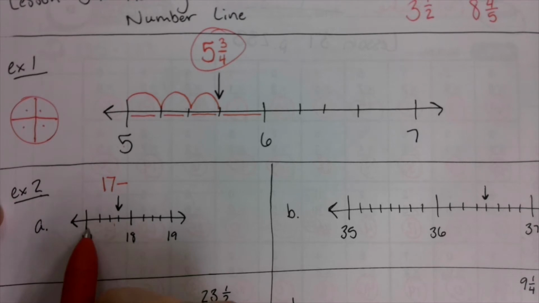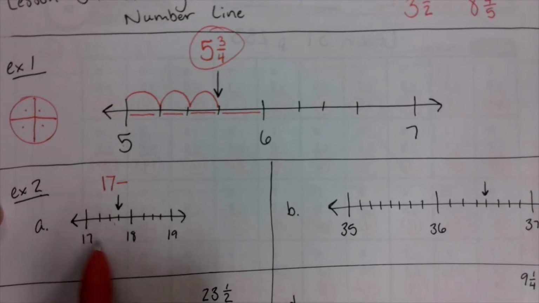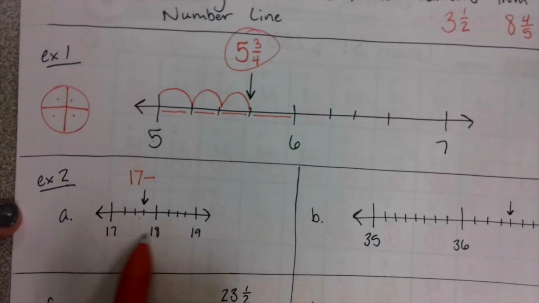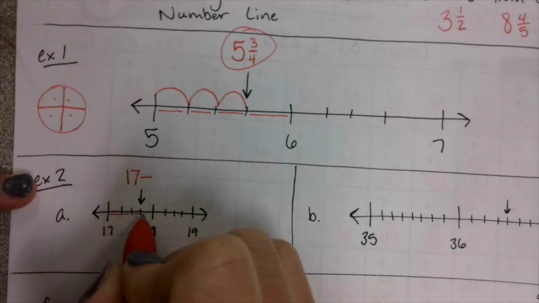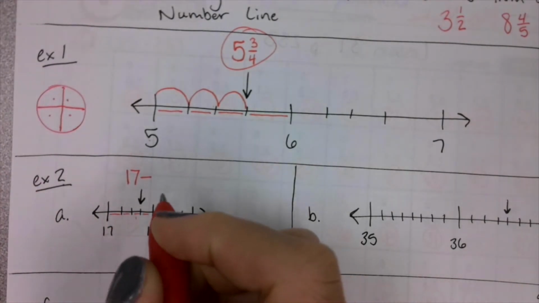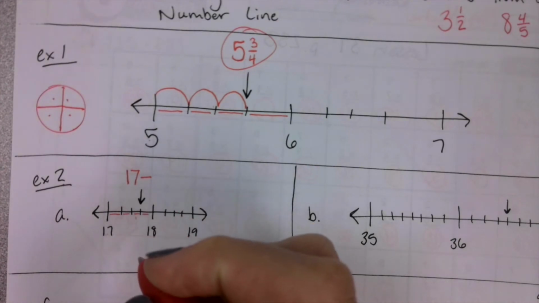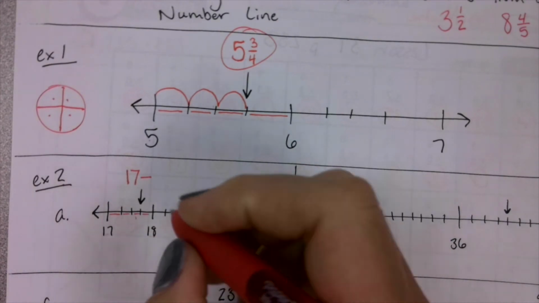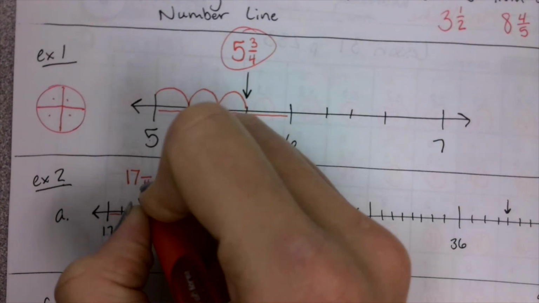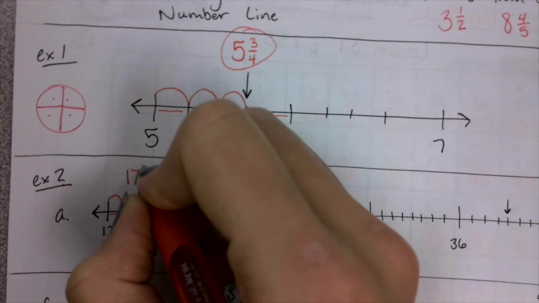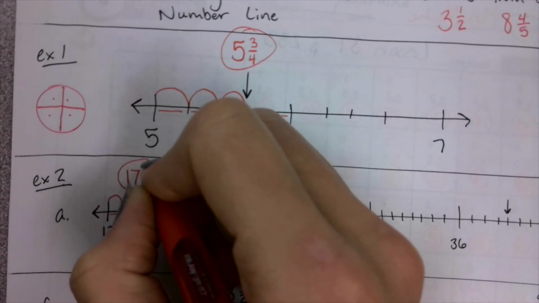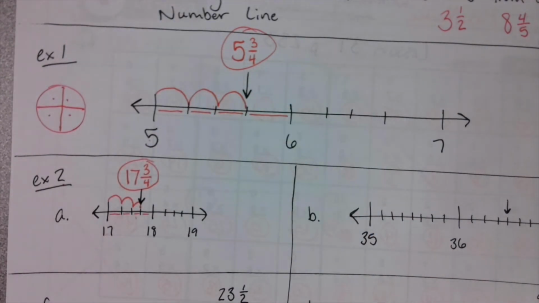I just want my spaces in one piece. I don't want all of the spaces, just in between 17 and 18. So 1, 2, 3, 4 again. And then I'm looking at the first, second, third space. So I get 17 3/4.